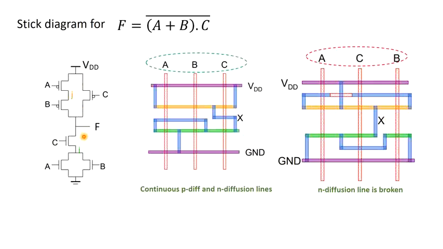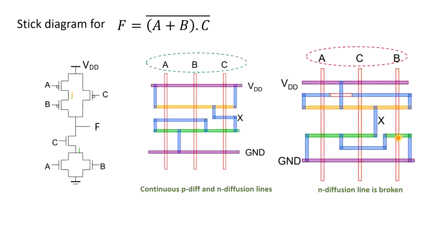But we have to notice one thing. For the earlier case, both N diffusion and P diffusion are continuous, unbroken. But for this particular ordering of gates A, C, B, the P diffusion is continuous, but the N diffusion line is broken. So what does that mean?